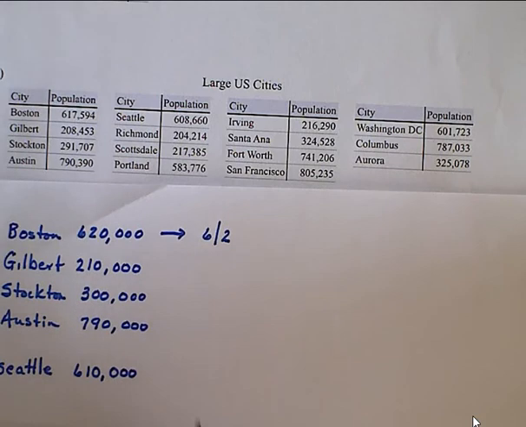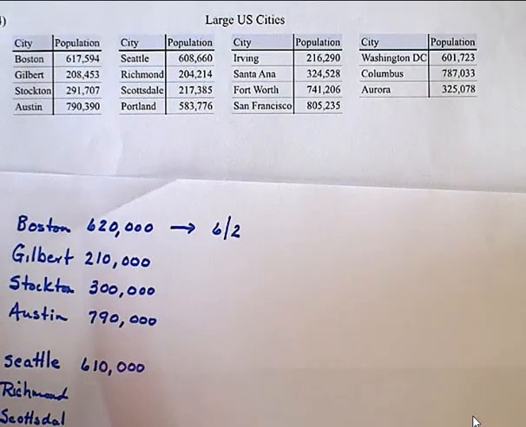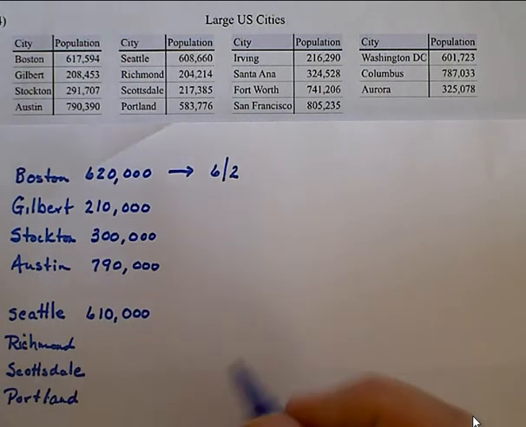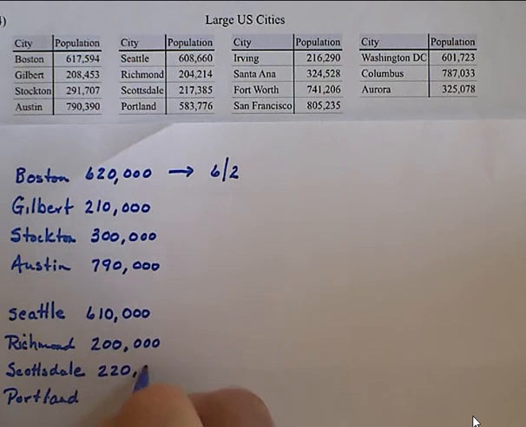There's Seattle, Richmond, so for Richmond, I'm going to use 200,000, Scottsdale, 220,000, Portland is 580,000.